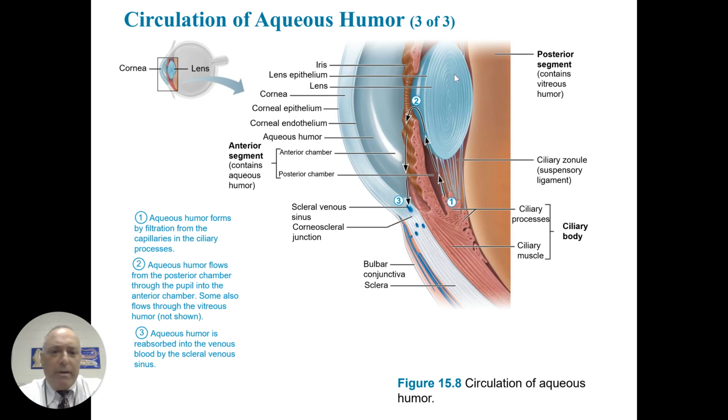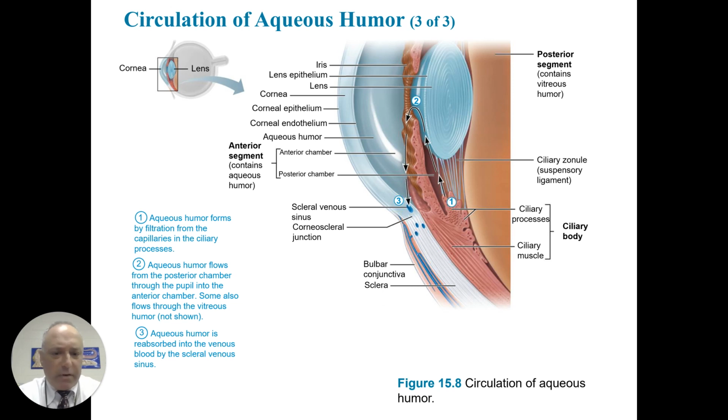Okay, let's talk about the humors of the eye. So the aqueous humor in the anterior chamber forms by filtration from capillaries of the ciliary processes of the ciliary body. And the aqueous humor flows from the posterior chamber to the anterior chamber, and then is resorbed back into the venous system where it's recirculated.